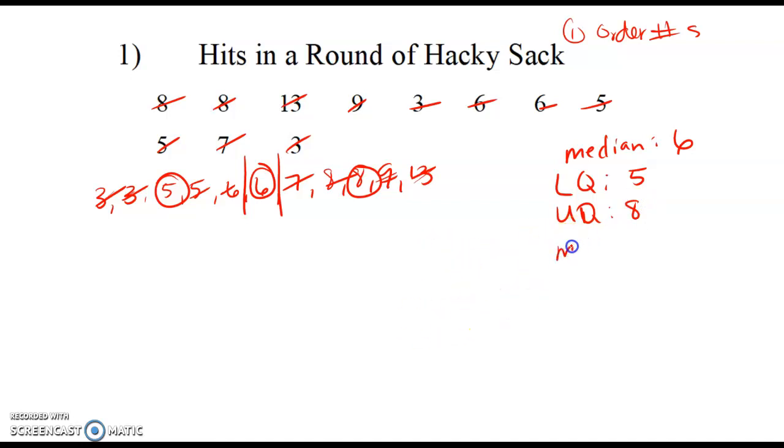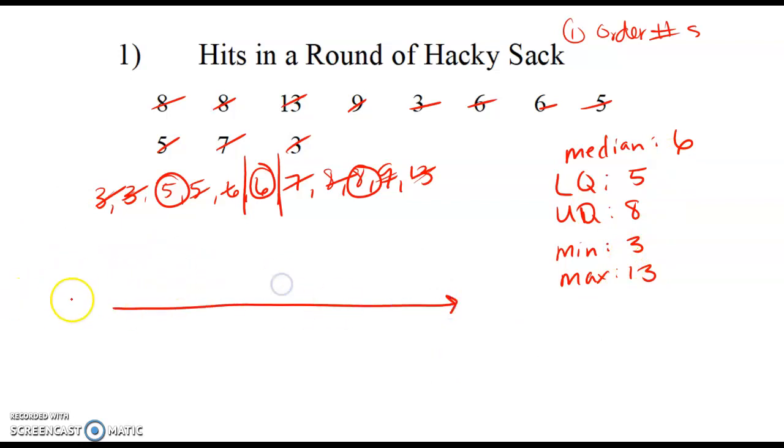Other information that I need before I graph is I need the minimum, which is 3, and the maximum, which is 13. From here, we create a number line. And I'm going to count by 2s.